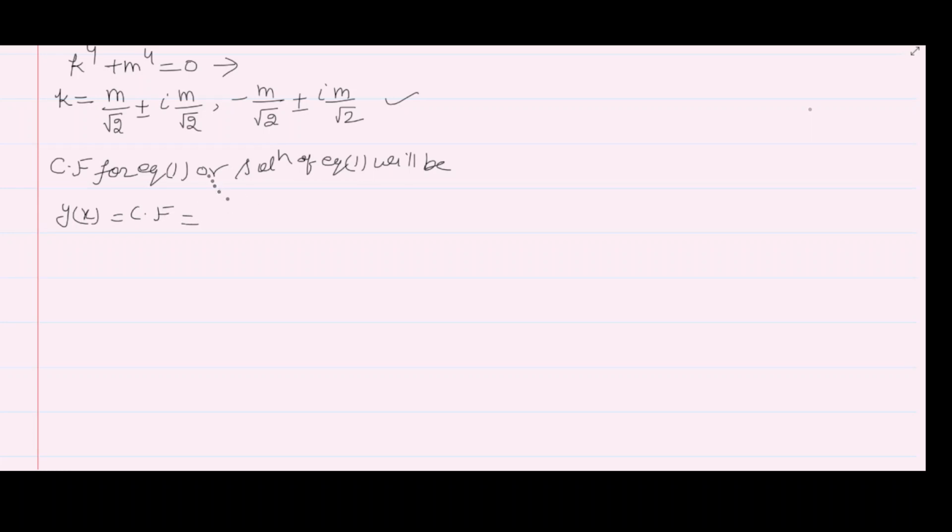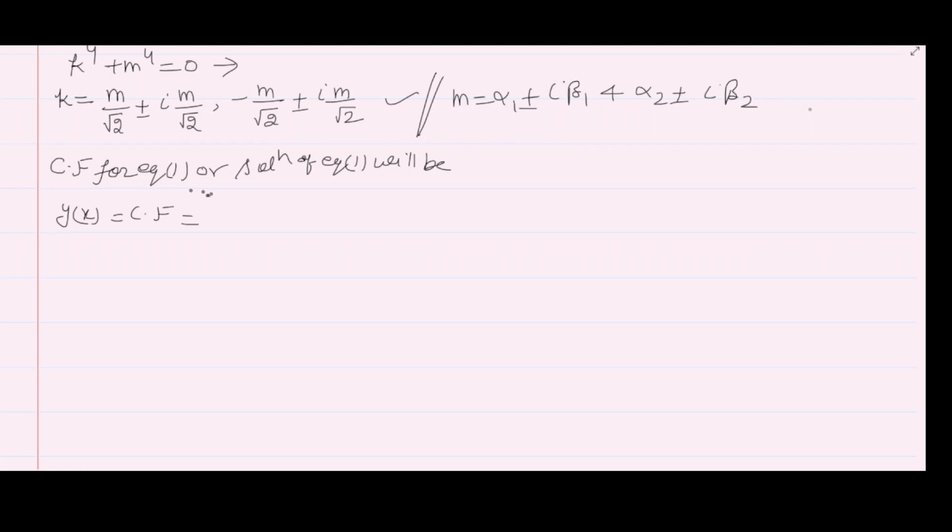Here the value of alpha is m upon root 2. You can see that here the roots are in the form alpha 1 plus minus i beta 1 and alpha 2 plus minus i beta 2.